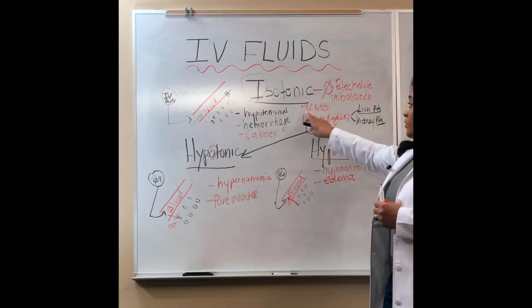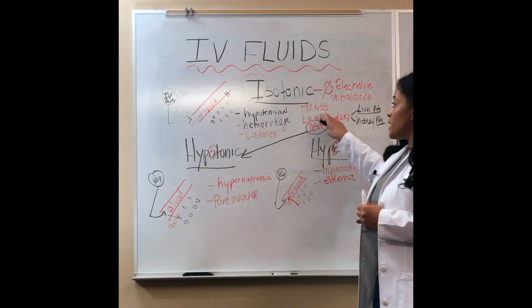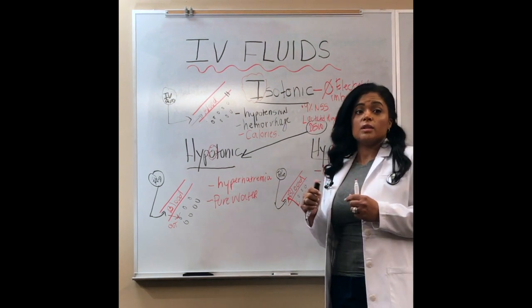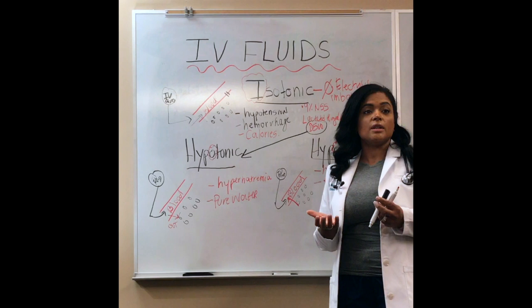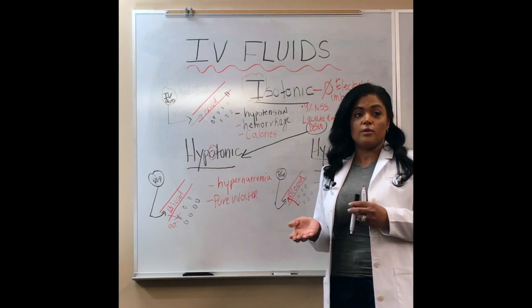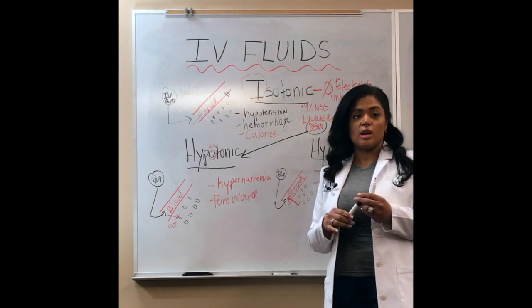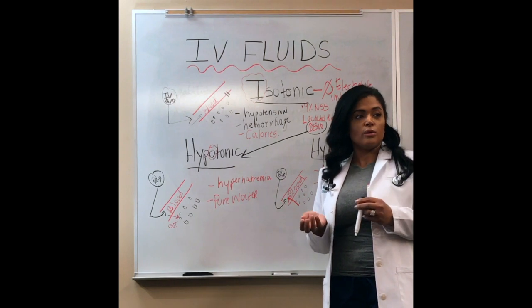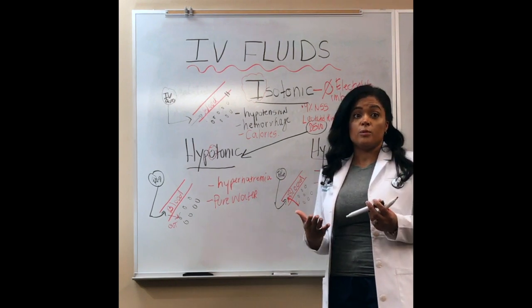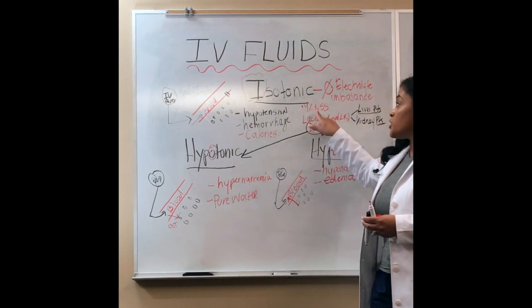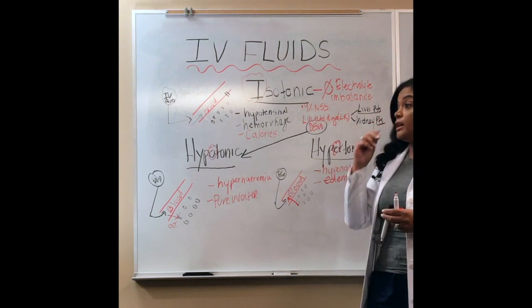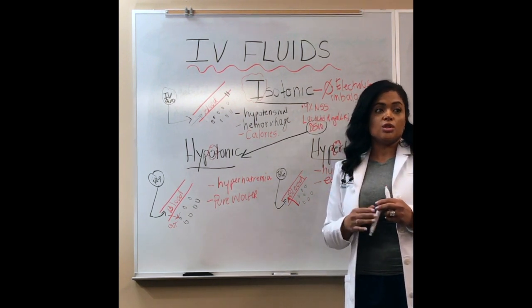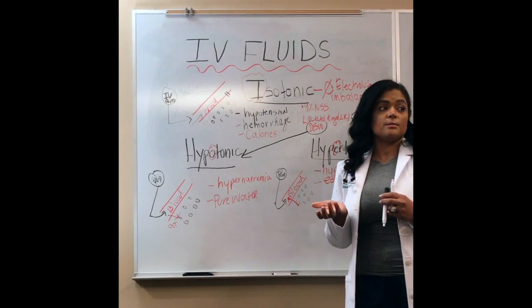Now, when they are placed on 0.9 normal saline, you have to monitor them closely, just like you would if a person comes in with a history of congestive heart failure, also known as CHF, or a history of fluid overload. They already have too much fluid volume. So if we don't monitor them closely with 0.9 normal saline, they can get into a worse situation and the volume can increase.